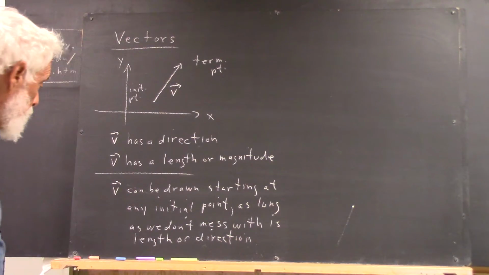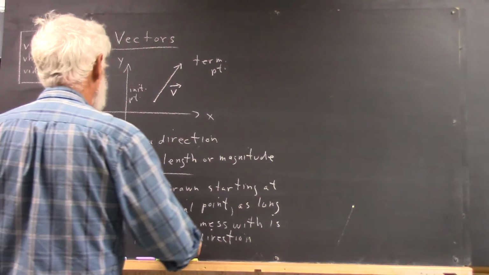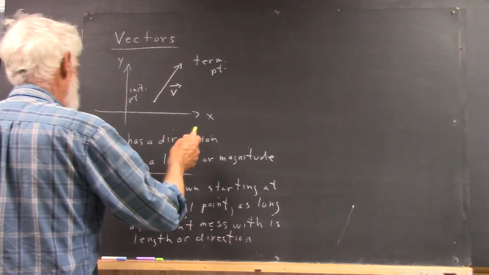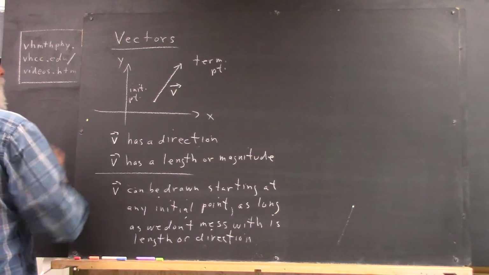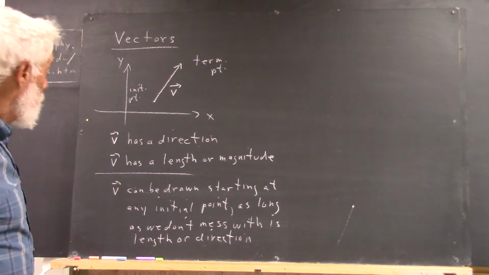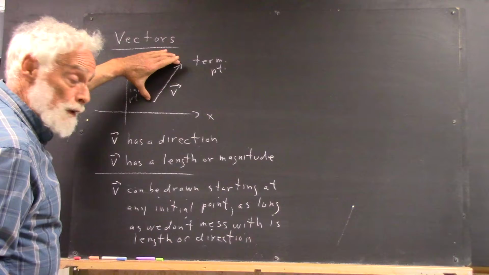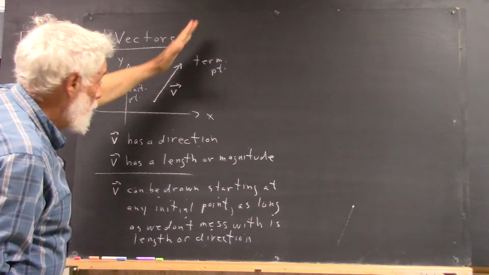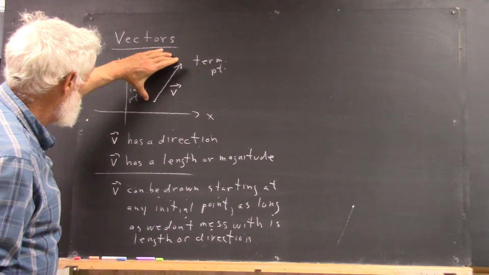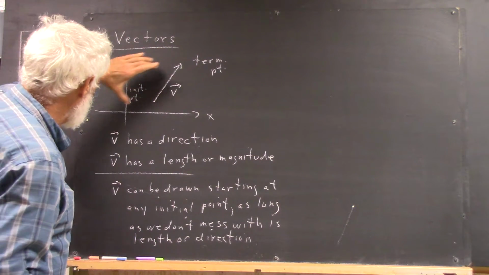Okay, that means that if I want to draw this vector from some other point, like maybe if this is the initial point, then all I have to do is bring this arrow over here, having the same length and the same direction. It's got to be parallel, it's got to be just as long.